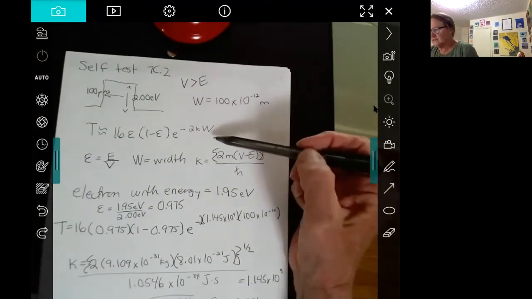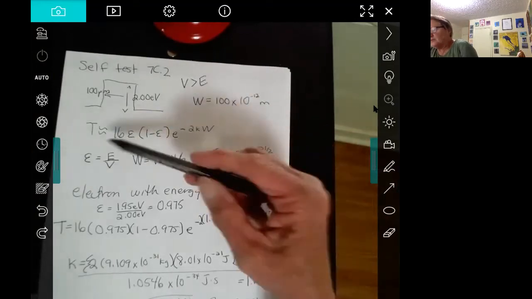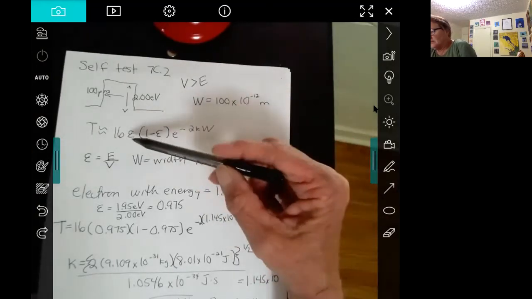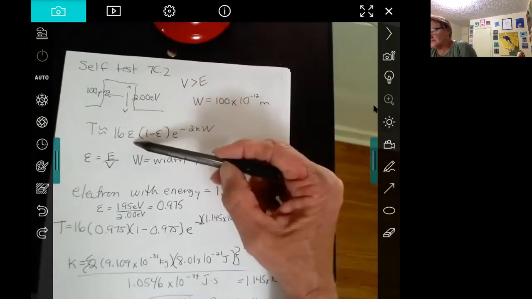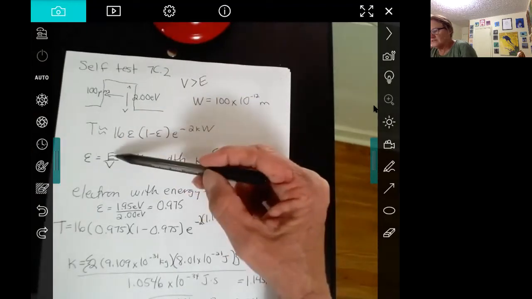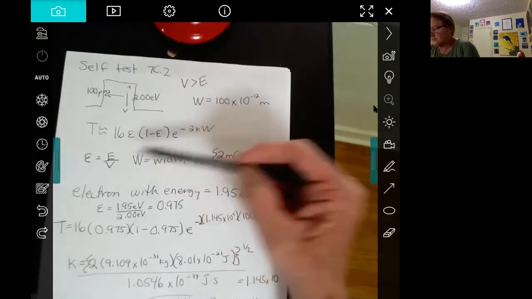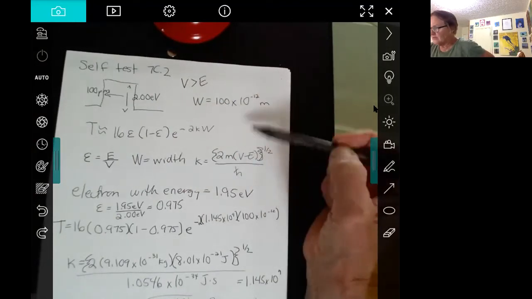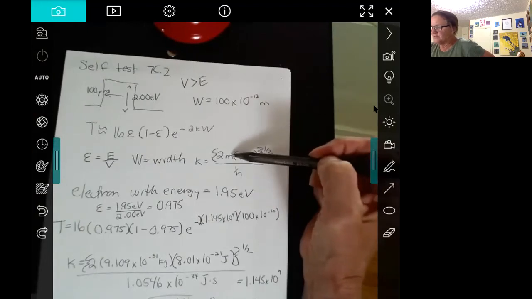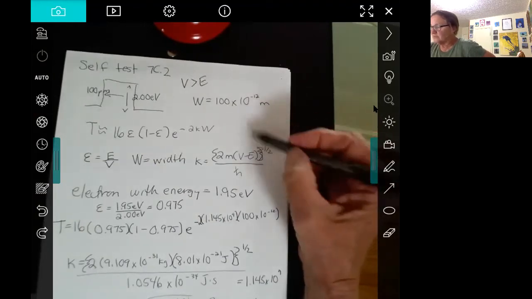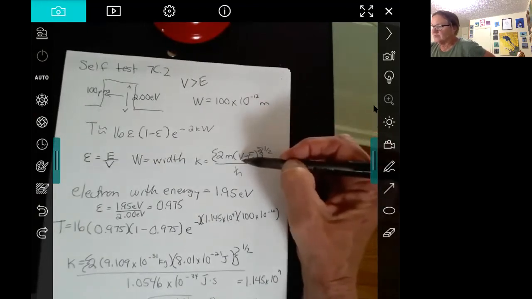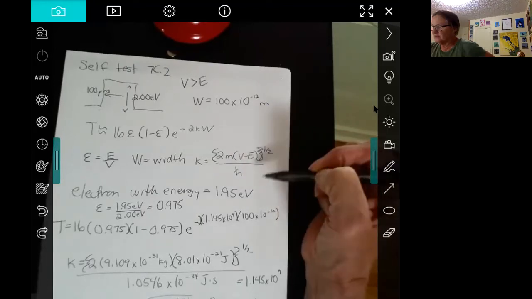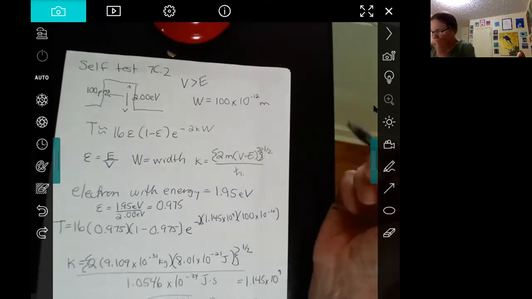So we're going to use the tunneling approximate equation, and it says 16 times this thing called epsilon. Epsilon is the energy of the particle divided by the potential energy. W is the width, and this kappa is 2 times the mass of the particle, and then the difference between the potential energy and the energy of the particle, divided by h bar.